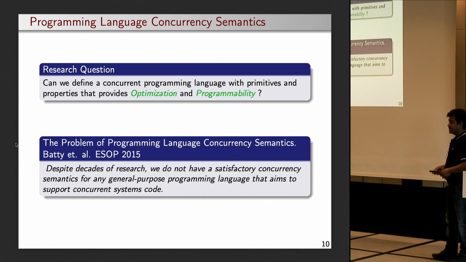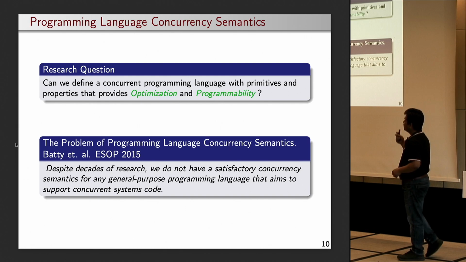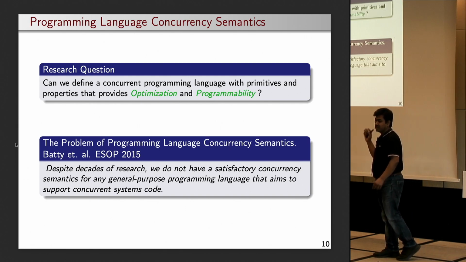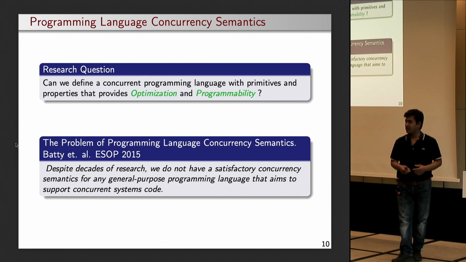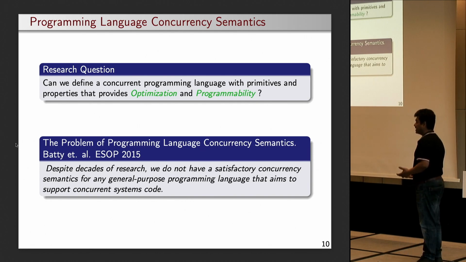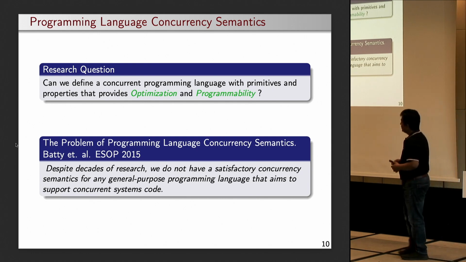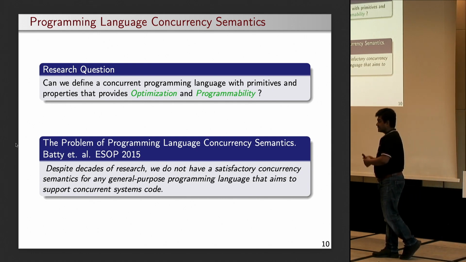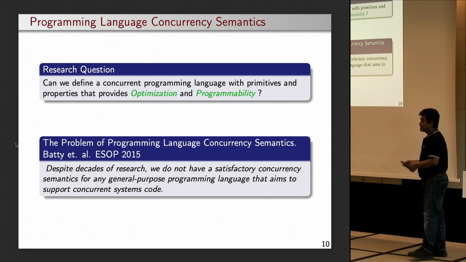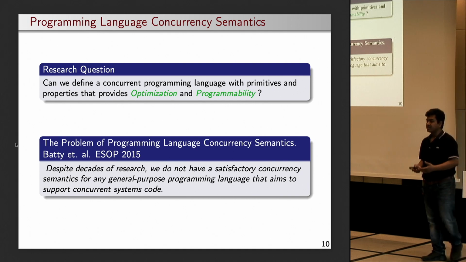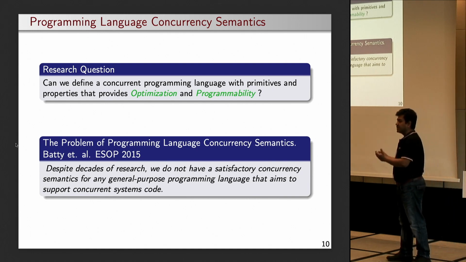This is a paper from 2015 which says that despite decades of research, we do not have a good model of concurrency semantics for programming languages. We will see why that is the case in the next steps. But if you have any questions, we can discuss now and then proceed.